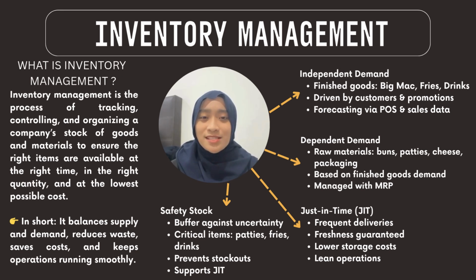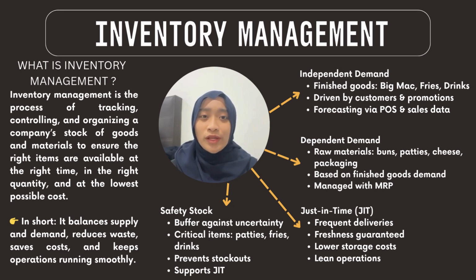To manage this, McDonald's applies just-in-time or JIT, where fresh ingredients are delivered frequently to reduce storage costs and maintain product freshness. However, because JIT alone can be risky during demand spikes or supplier delays, McDonald's also keeps safety stock for critical items like patties and fries as a buffer.